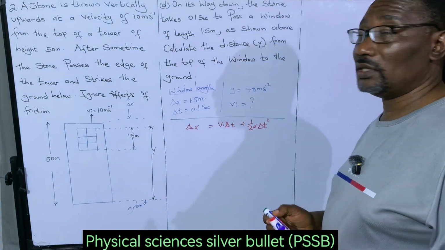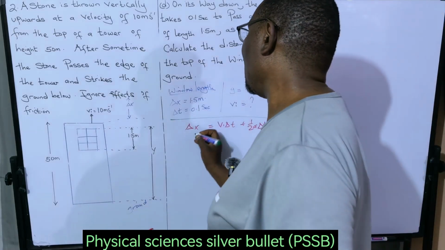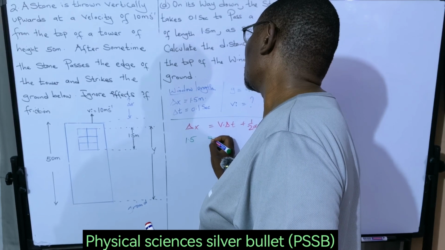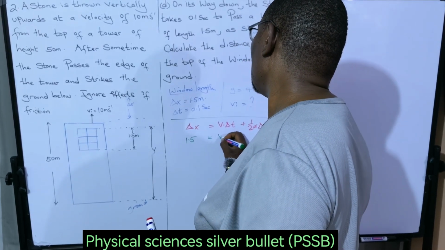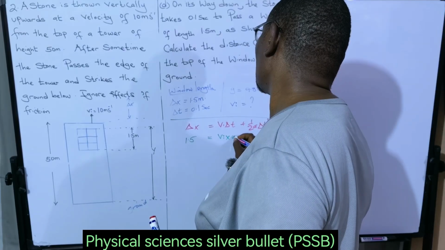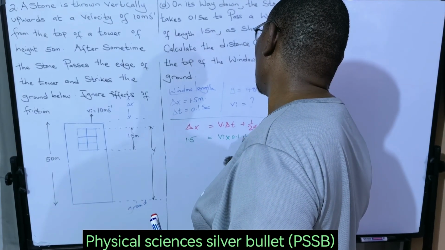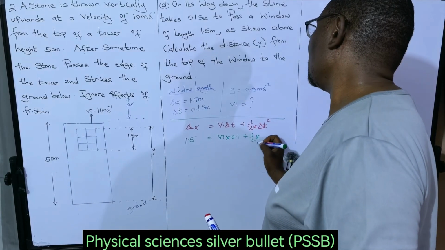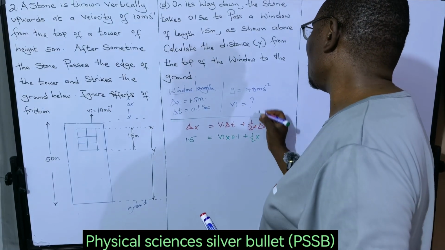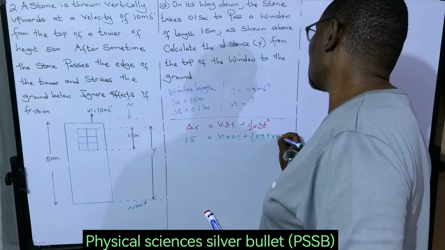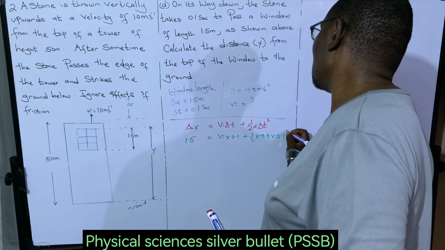Next, we substitute. Delta x, we know it's 1.5. Vi is wanted, but we know the time, which is 0.1, plus half times acceleration, which is 9.8 times 0.1 squared.